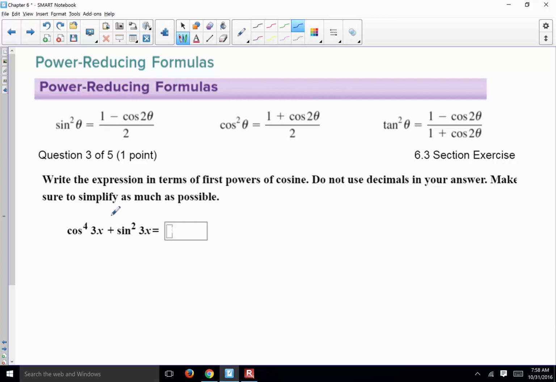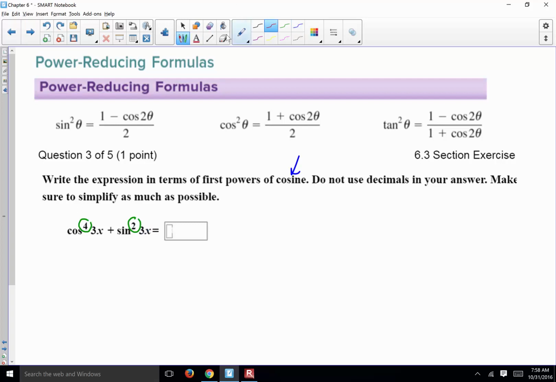Okay, in number 3, we are going to simplify this expression. As you see, there are lots of powers: fourth power, square. They want us to change this into first powers of sine and cosine, or actually only cosine, not even sine. So these need to change.